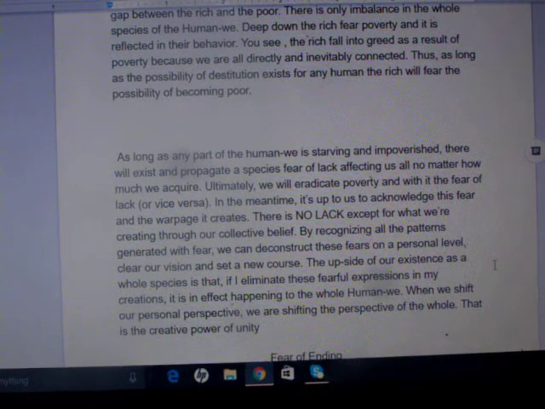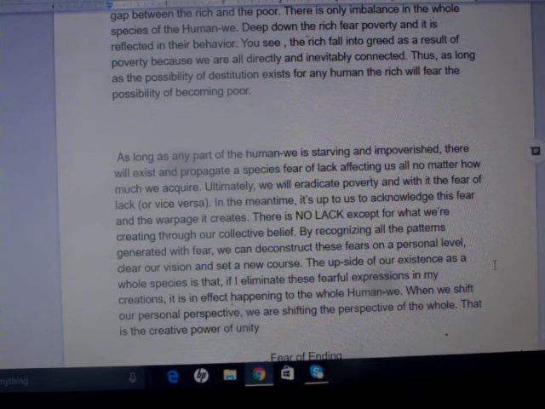Ultimately, we will eradicate poverty, and with it the fear of lack, or vice versa. In the meantime, it's up to us to acknowledge this fear and the warpage it creates. There is no lack except for what we're creating through our collective belief. By recognizing all the patterns generated with fear, we can deconstruct these fears on a personal level, clear our vision, and set a new course.